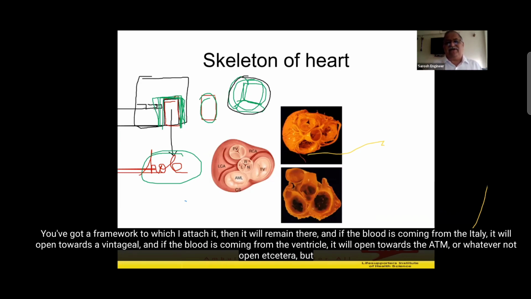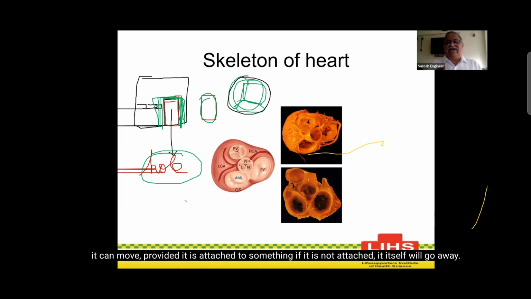If the blood is coming from the atrium, it will open towards the ventricle. And if the blood is coming from the ventricle, it will open towards the atrium. But it can move provided it is attached to something. If it is not attached, it itself will walk away. So the place where it will get attached is between the atrium and the ventricle.